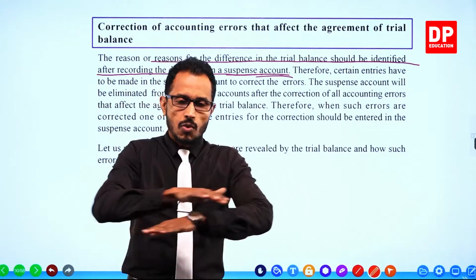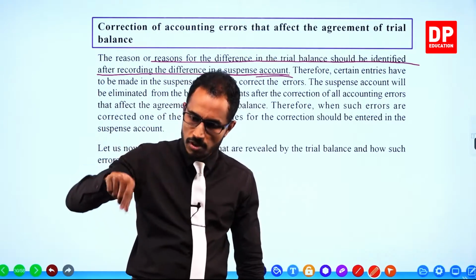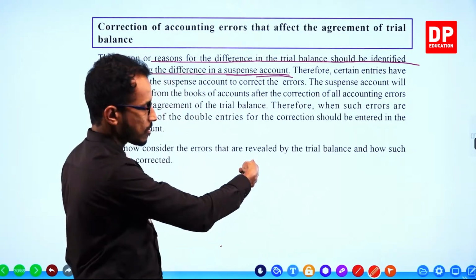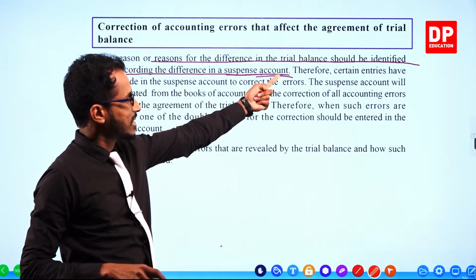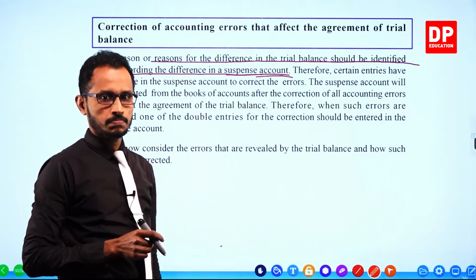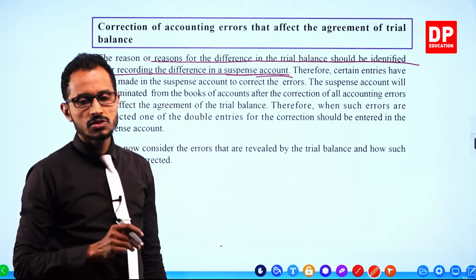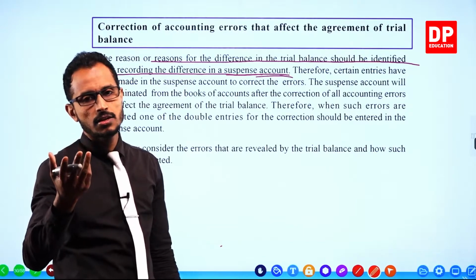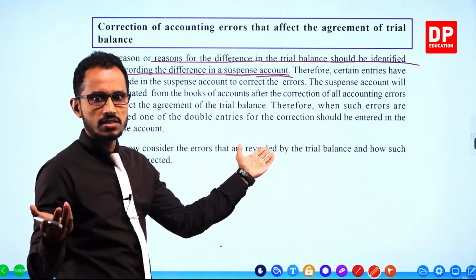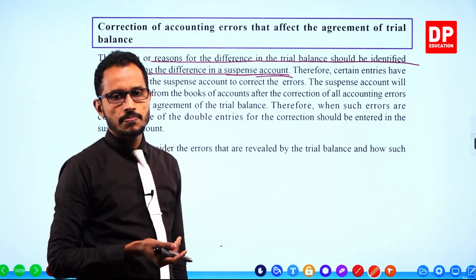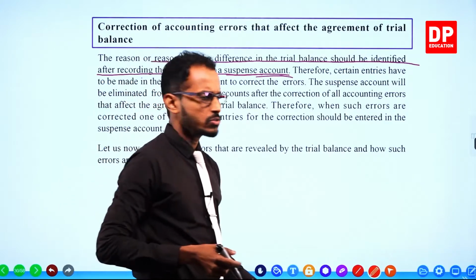What we did was we identified the shortage and we put the shortage by our hand to the trial balance. That shortage was entered as the suspense account. Now we are going to identify the reasons which created that shortage. The reasons are the errors, of course.